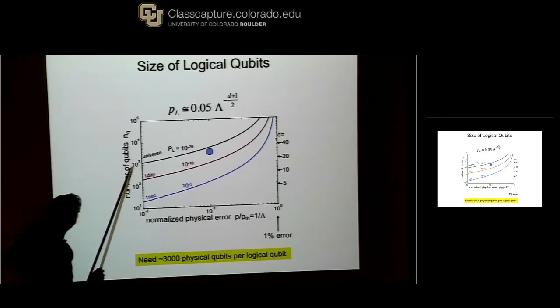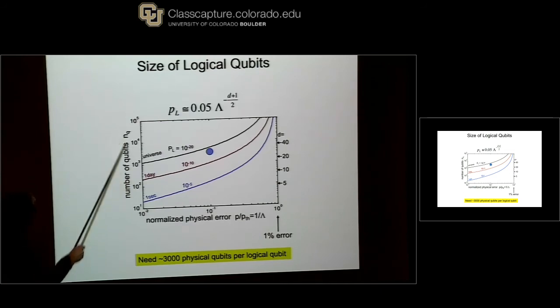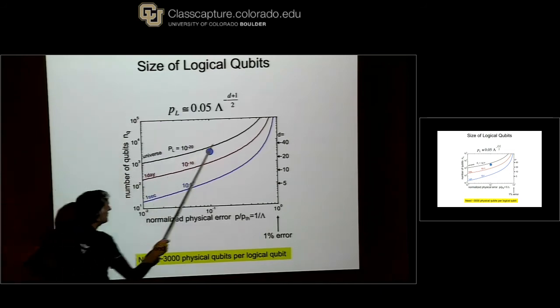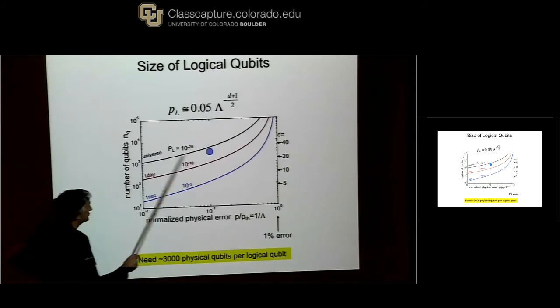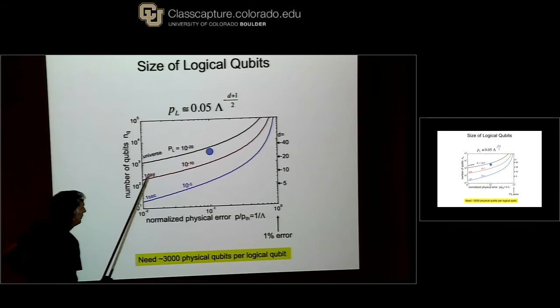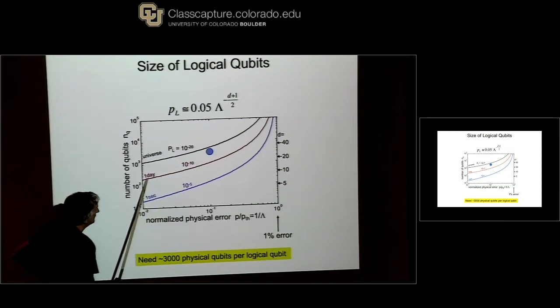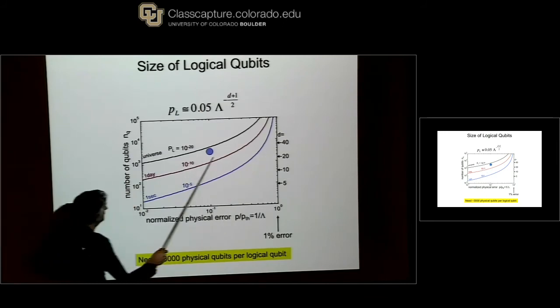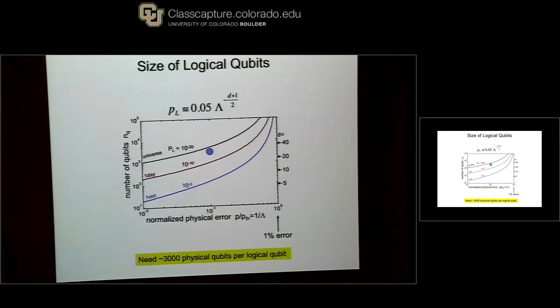And this is the number of qubits that we have, and these lines, this is the order of error correction, and these lines are what kind of logical probabilities. So if you want 10 to the minus 10 logical error rates, and you're at about 1/10 the threshold, about 0.1%, that's a d equal 20, and that's about 1,000 physical qubits per logical qubit. Okay, so that's kind of how you estimate what's going on there.